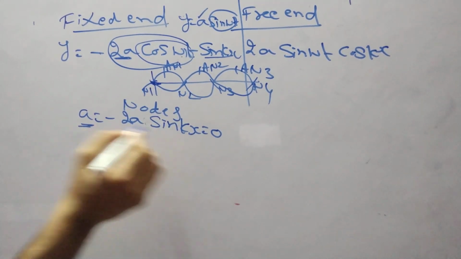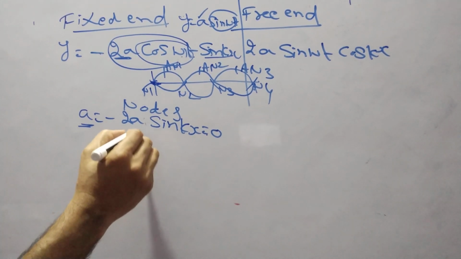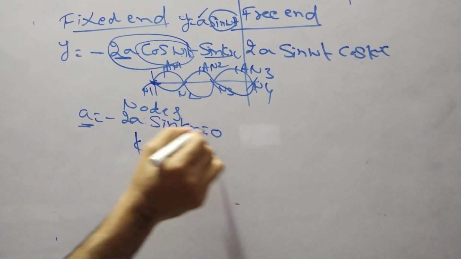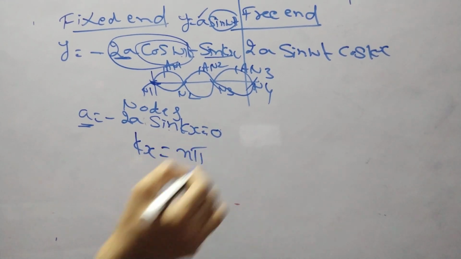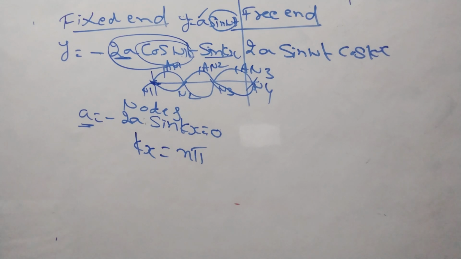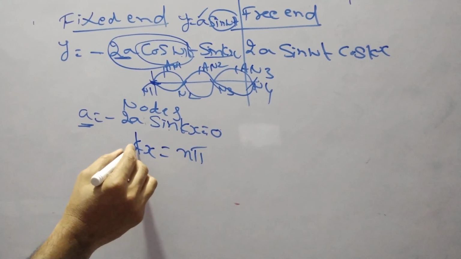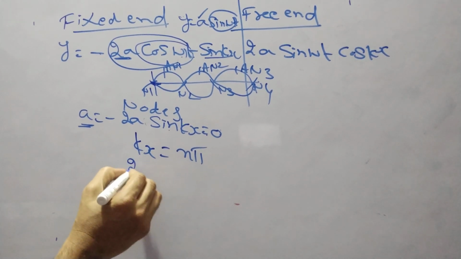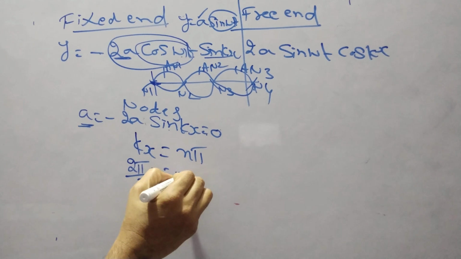So I am equating this amplitude to 0 for nodes. What is the kx value? Minus 2a sin kx equal to 0 means sin kx equal to 0, so kx equal to n pi. What is k? k is the wave number, so 2 pi by lambda into x equal to n pi.